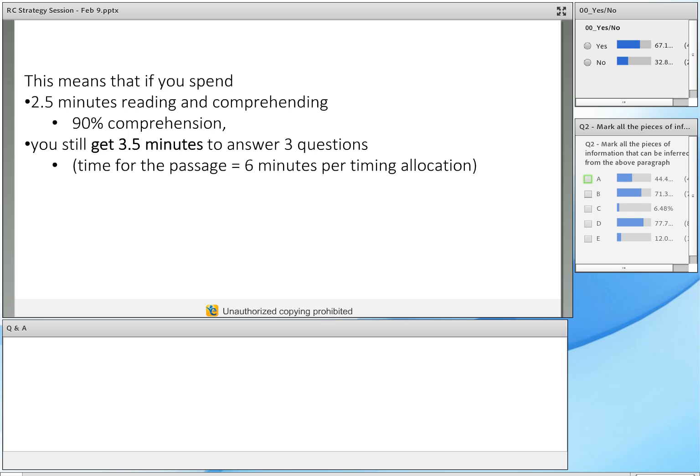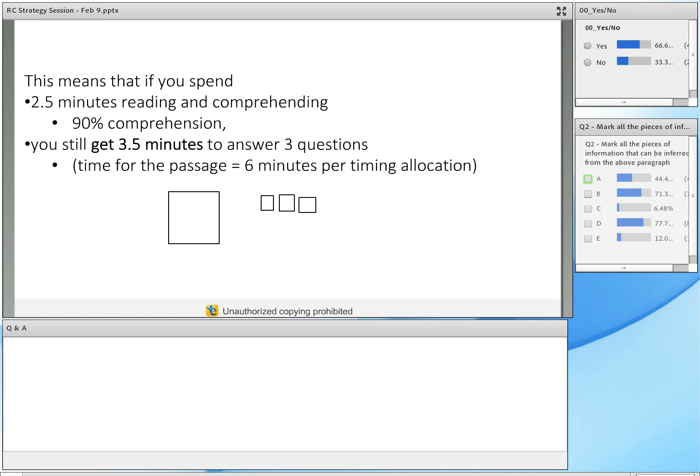How many of you, let me ask you this question. How many of you spent more time with the questions than with the passage? When I say that, what I mean is that you have the passage and then you have these three or four questions.